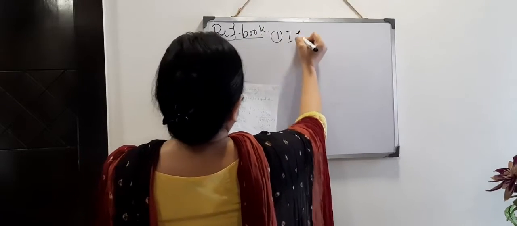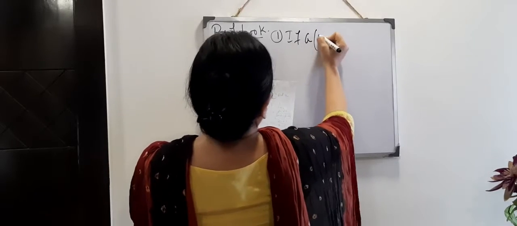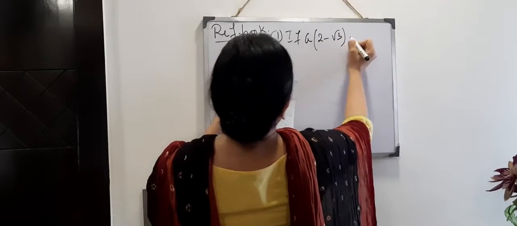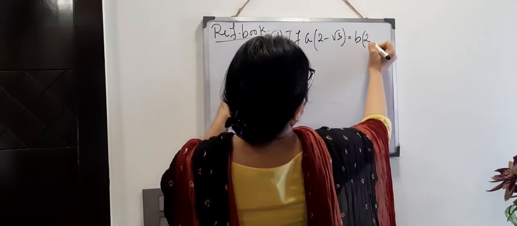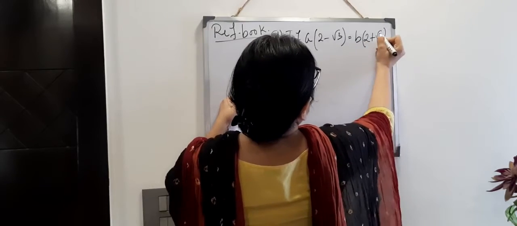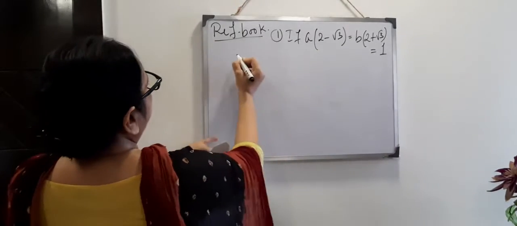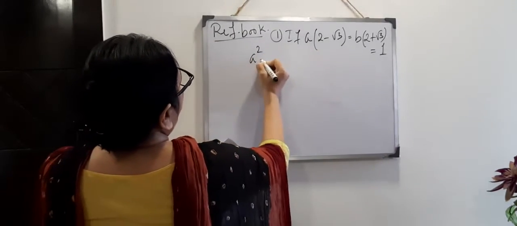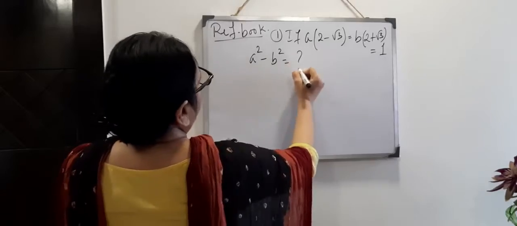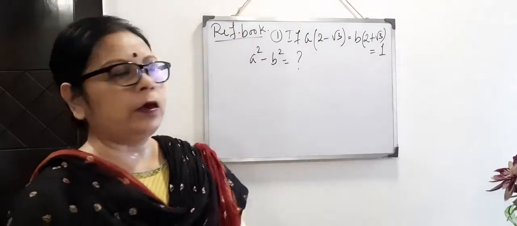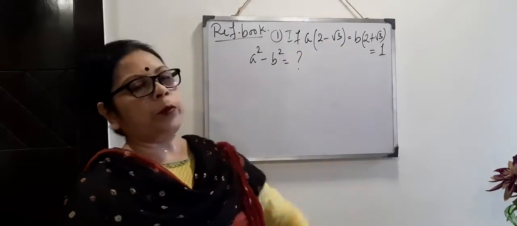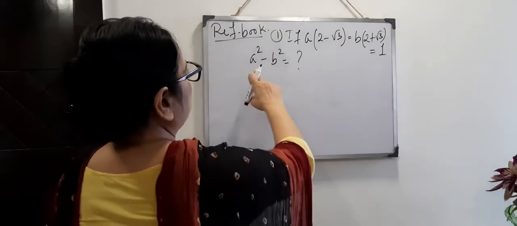If A into this equals B into that equals 1, as given, then find the value of A square minus B square.